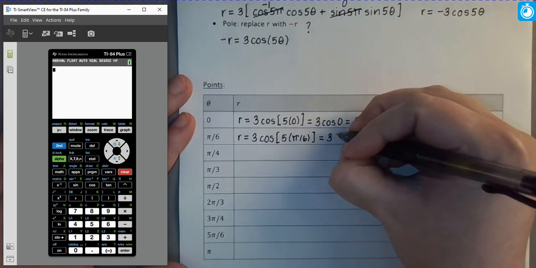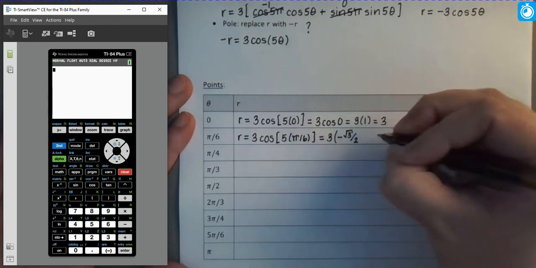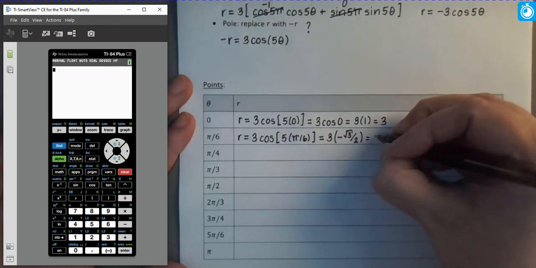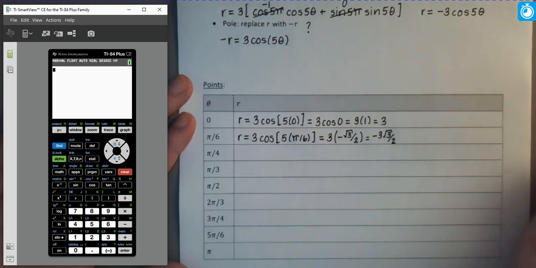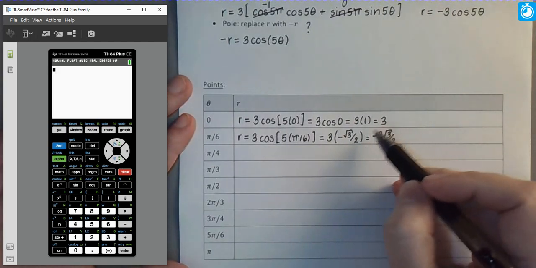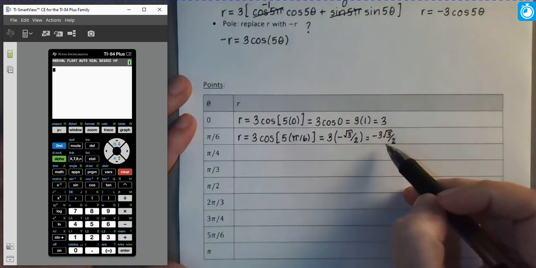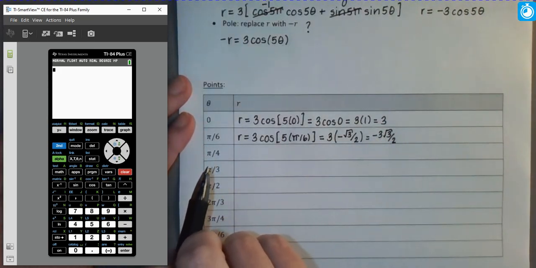So we'll have 3 times negative root 3 over 2, which is negative 3 root 3 over 2. Now, when we plot in the homework system, this would be the value that we would use, and we would have to use the point plotter, typing in this value along with our radian measure pi over 6.